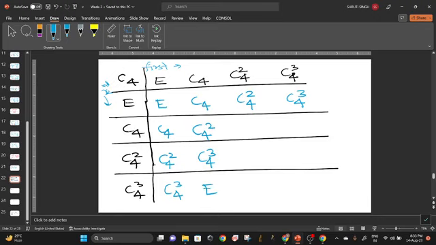Now C4^2 dot C4 is C4^3. So all the elements are coming from within the group itself. So it is a group. What property of the group is this? Cyclic group?